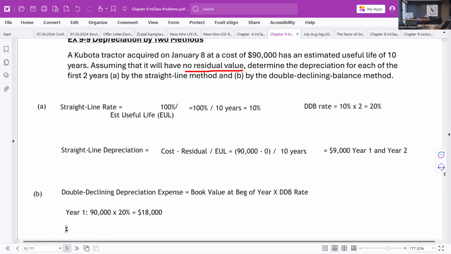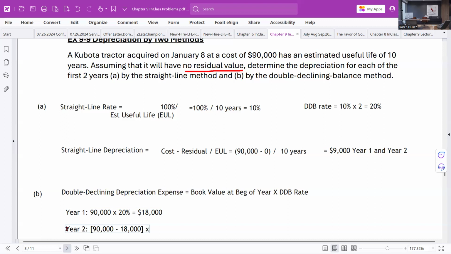And now we get to year two. And what we want to know is, again, what is the depreciation? Well, we've got to find book value again. So the book value is the 90,000 minus the 18,000. 90,000 minus the 18,000 is the book value.